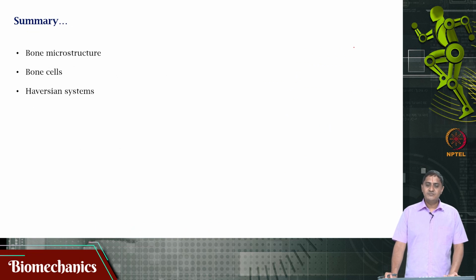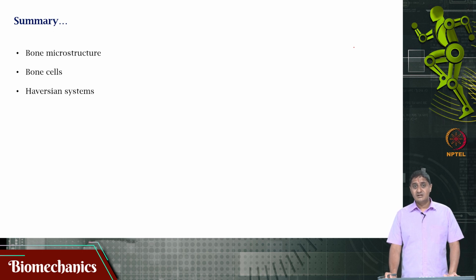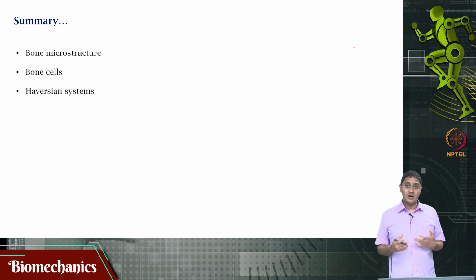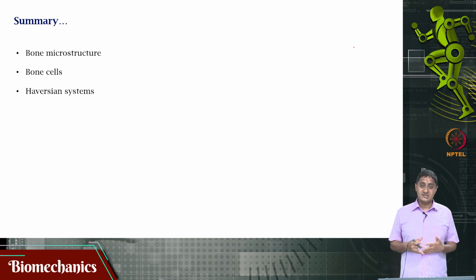So, in this video we looked at the microstructure of a bone: what compact or cortical bone is, and what cancellous or trabecular bone is. We looked at the types of bone cells. Osteoblasts divide and grow to become the mature bone cells, the osteocytes. Osteocytes communicate with other osteocytes through canaliculi.